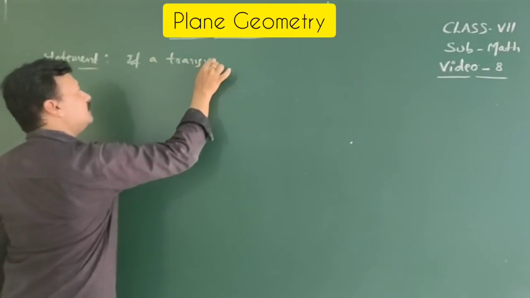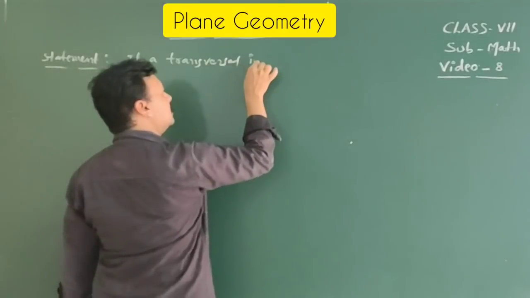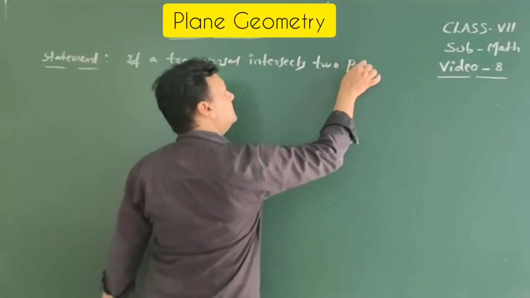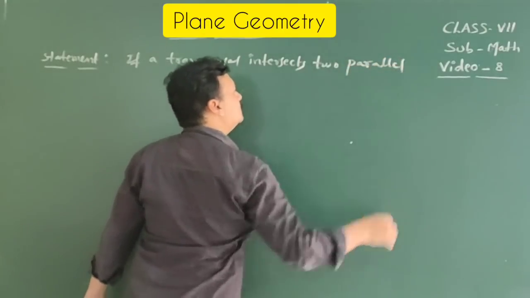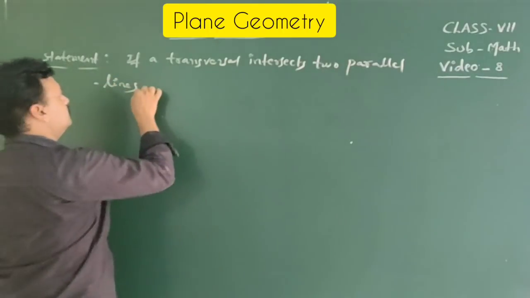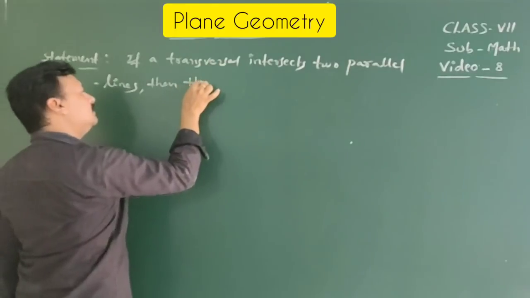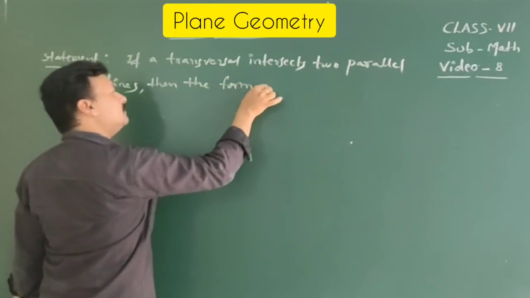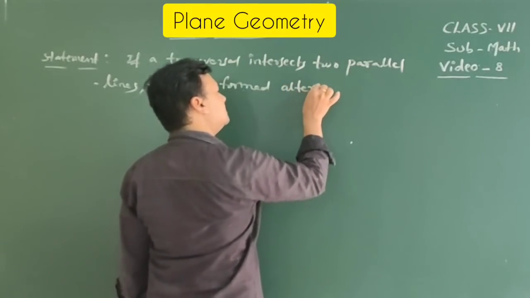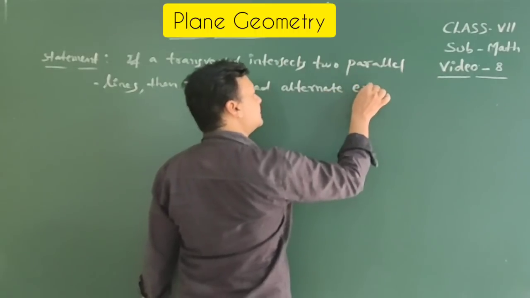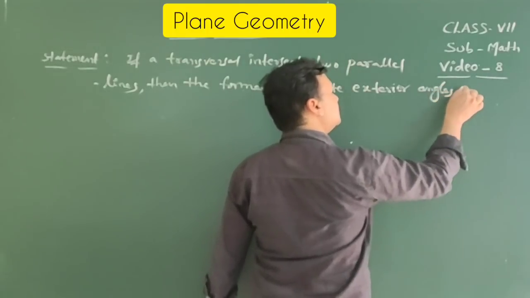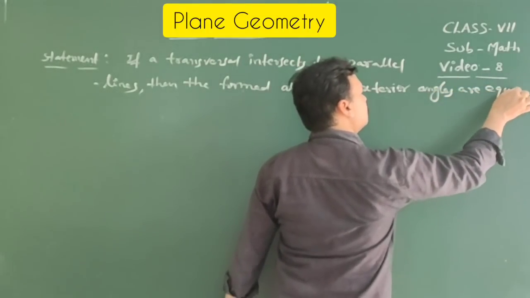If a transversal intersects two parallel lines, then the formed alternate exterior angles are equal.